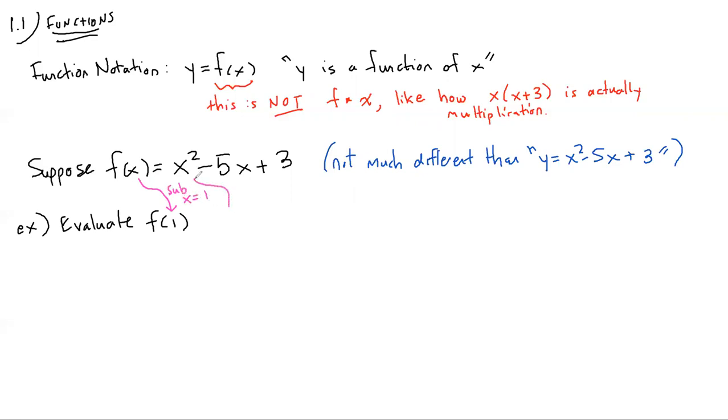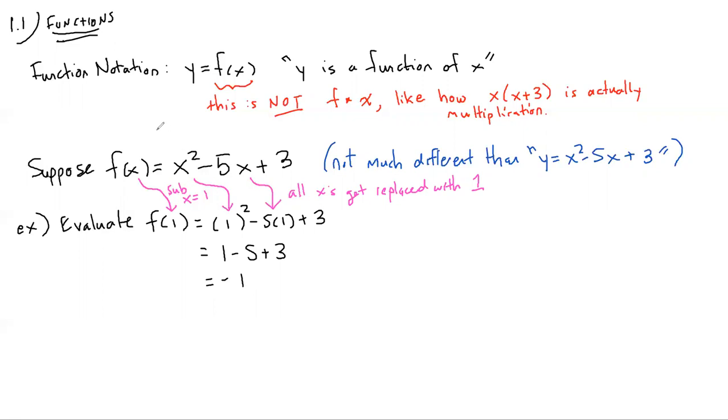Every x in this gets replaced with x equals 1. And we know that when we do a substitution, we should put brackets around that. So 1 squared minus 5 times 1 plus 3. Then we can clean up the right-hand side. I'll have 1 minus 5 plus 3. So negative 4 plus 3 is negative 1.